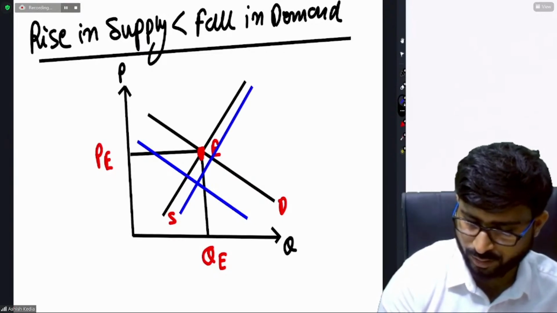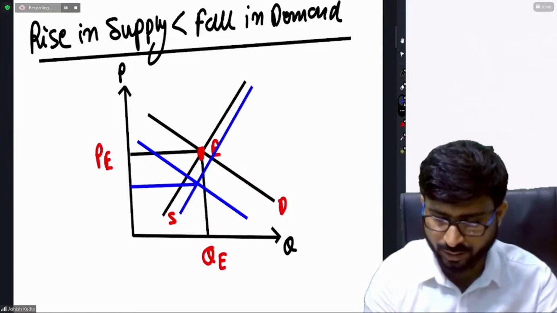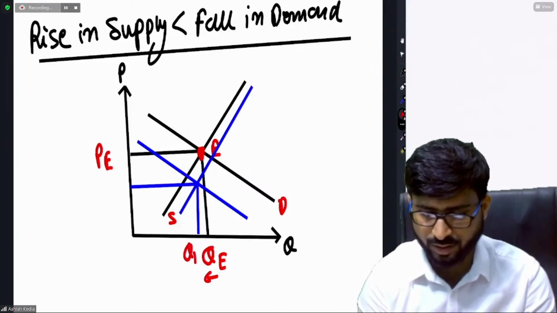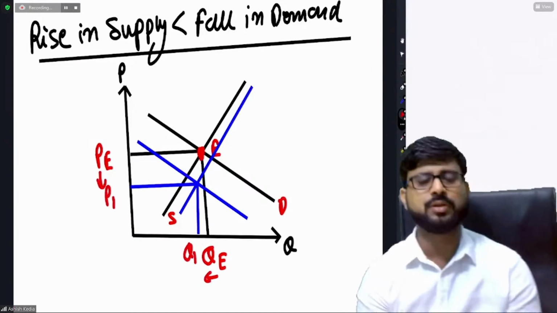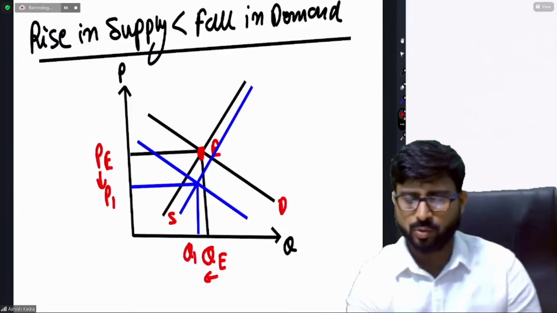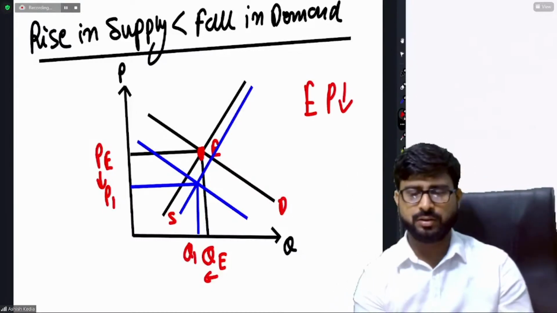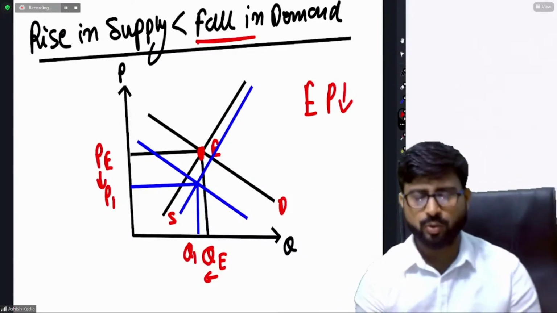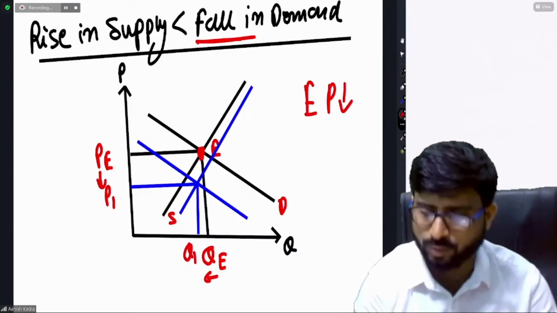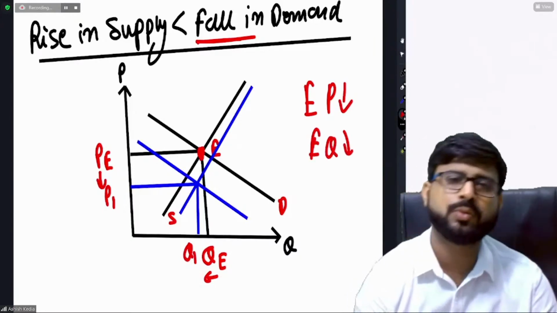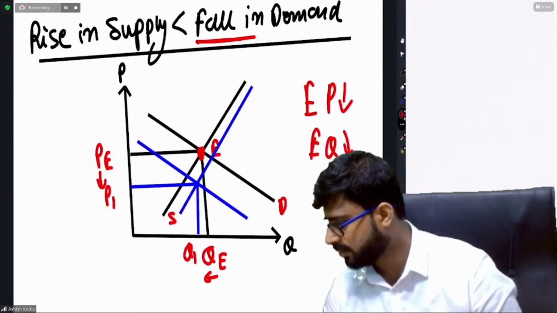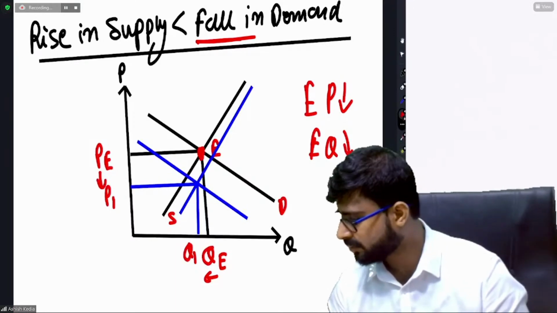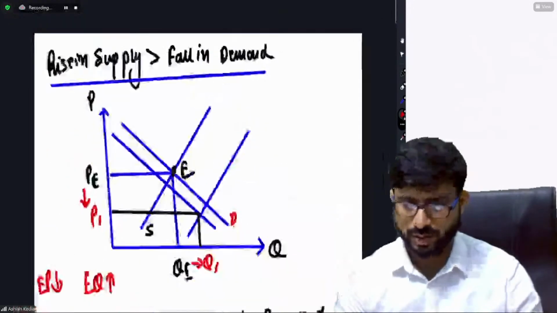So see, what is happening as you can see, equilibrium quantity is shifting towards the left, equilibrium price is falling down because obviously supply is rising. So equilibrium price will fall. What else do you expect? But since demand is falling with a greater proportion, whichever is stronger will decide the quantity. So since demand fell more strongly, equilibrium quantity has also fallen down. Correct.